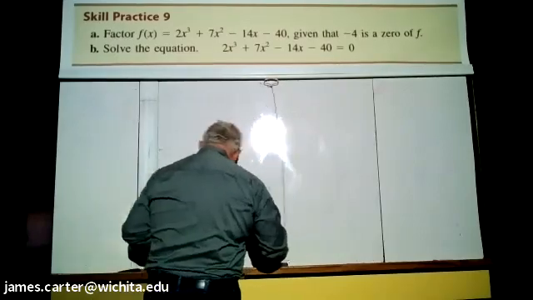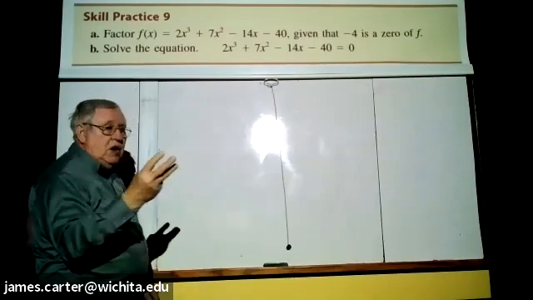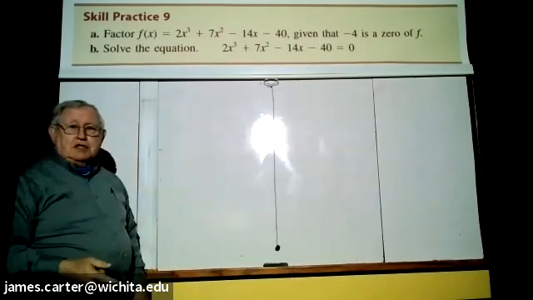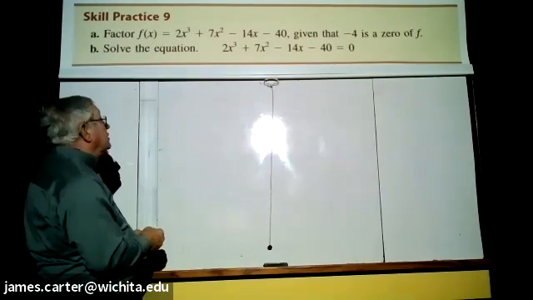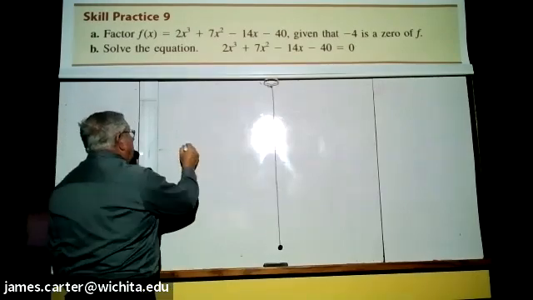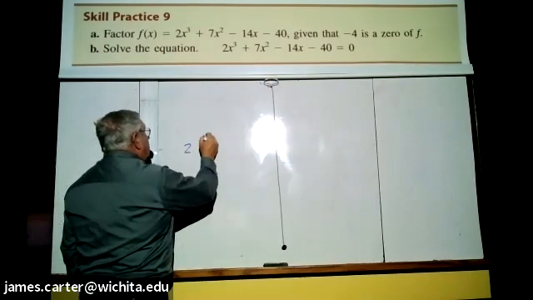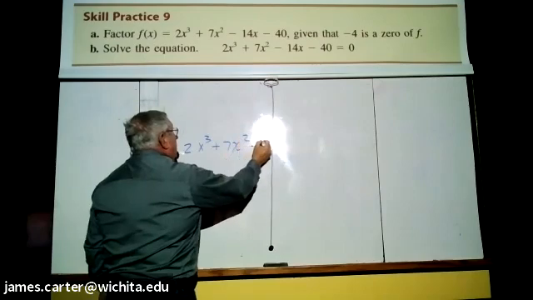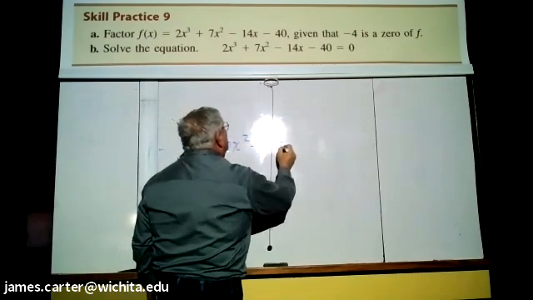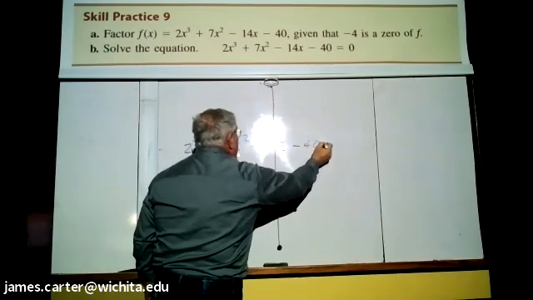Now, I want to show you one more way of doing this, a third way. I've shown you synthetic, I've shown you long division. I'm going to show you a third way, that's substitution. 2x cubed plus 7x squared minus 14x minus 40 equals.